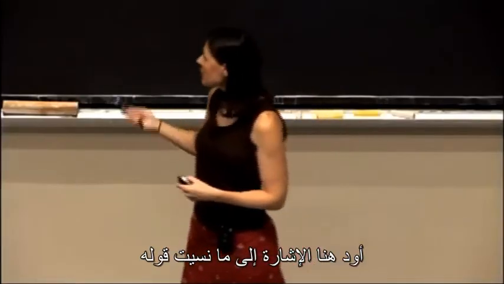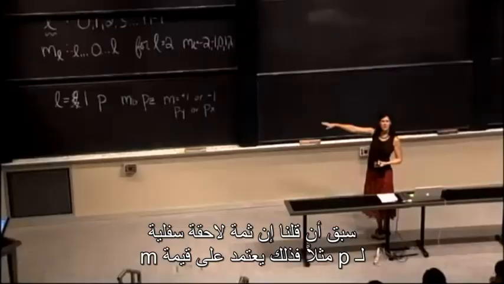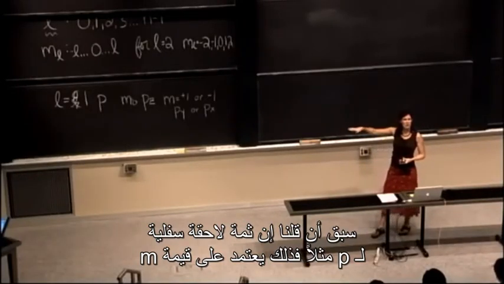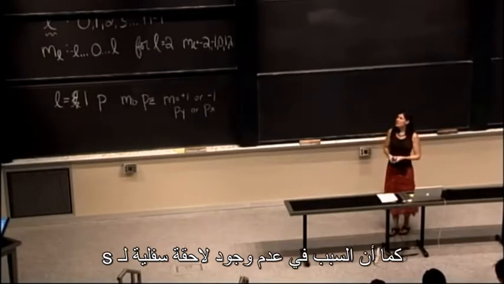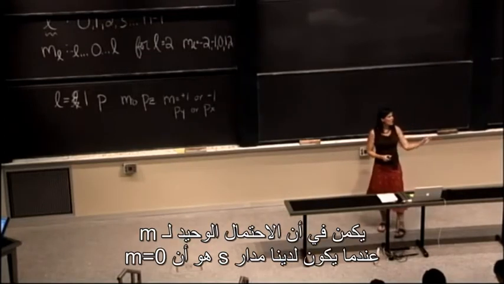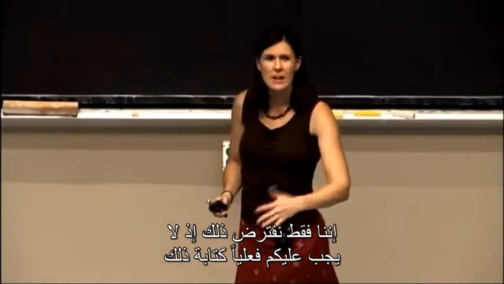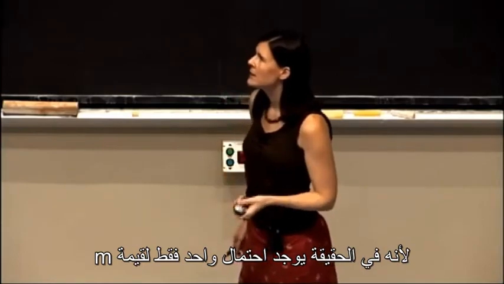So something I actually wanted to point out that I forgot to here is you'll notice that there's no subscript to the s. We said we have a subscript to the p, for example, that describes what m is equal to. The reason that we have no subscript to the s is because the only possibility for m when you have an s orbital is that m has to be equal to 0. So we just assume it. You don't actually have to write it because there is, in fact, only one possibility.